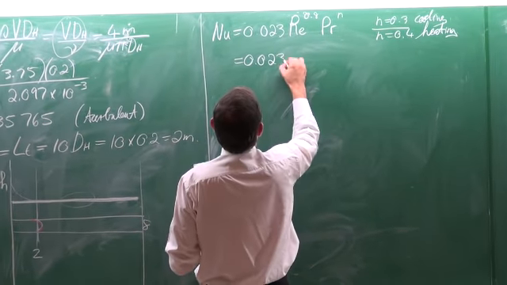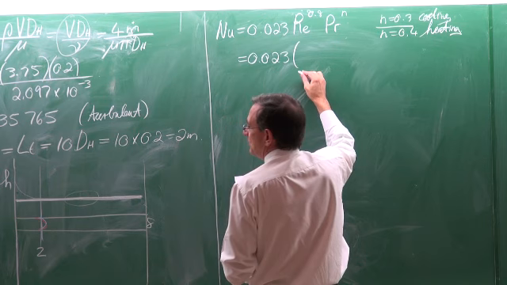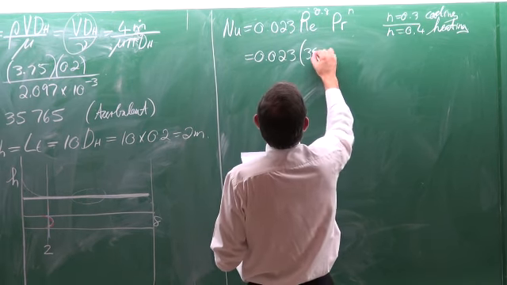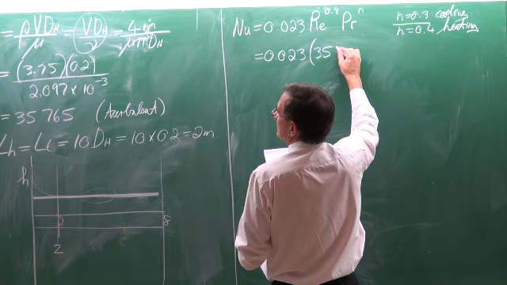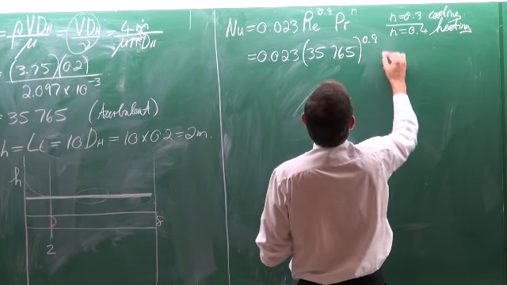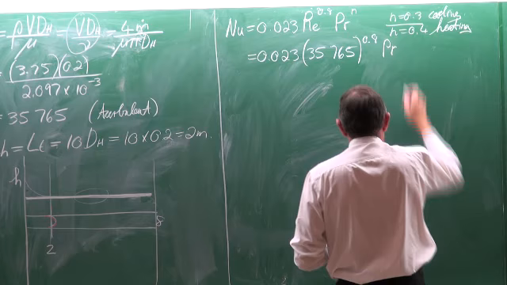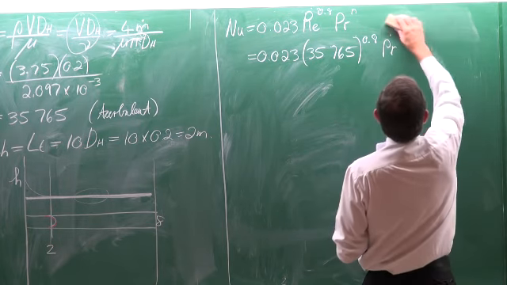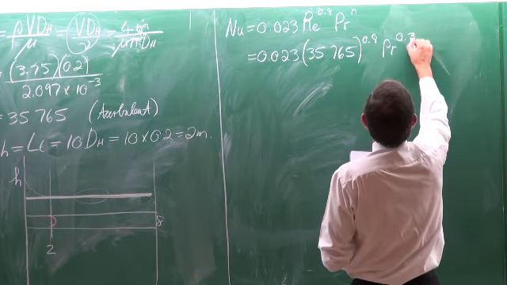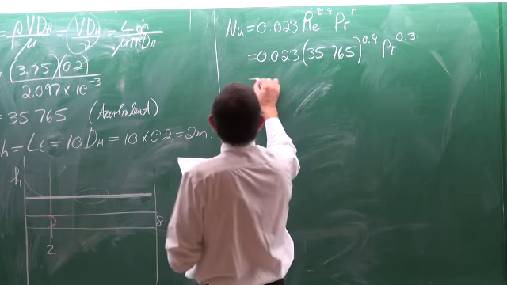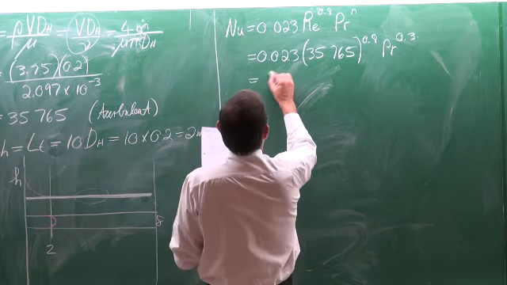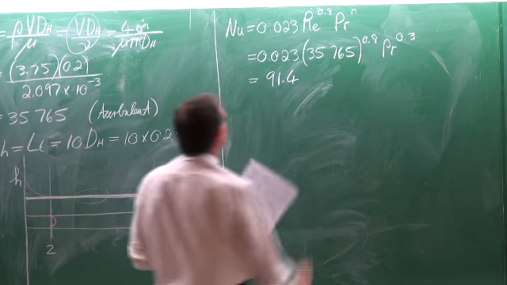It is equal to 0.023 multiplied by the Reynolds number, which is 35,765 to the 0.8, multiplied by the Prandtl number to the 0.3 because the air is being cooled. So from this we can calculate the Nusselt number as 91.4.